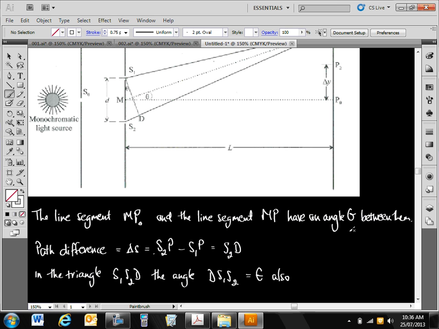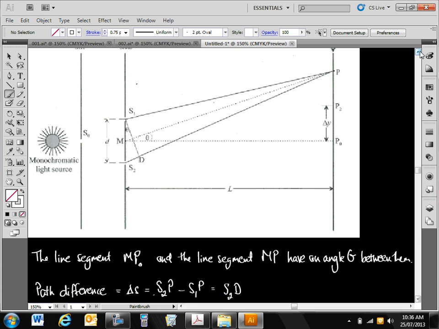And the angle between two lines is equal to the angle between their normals. So have a look at the angle here, MP0, between the MP0 line segment and the MP line segment, theta there. DS1 is normal to MP there.